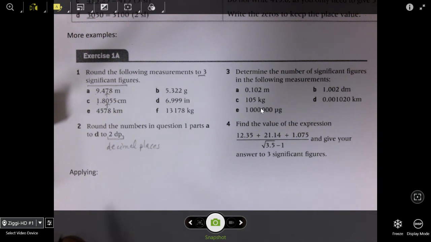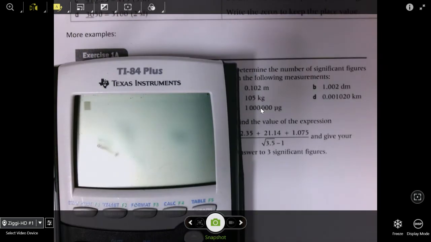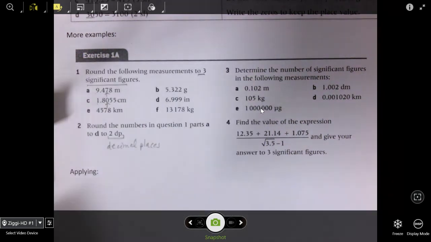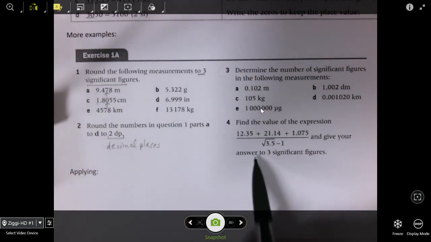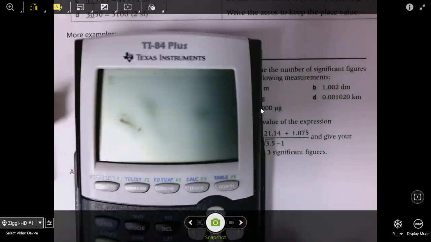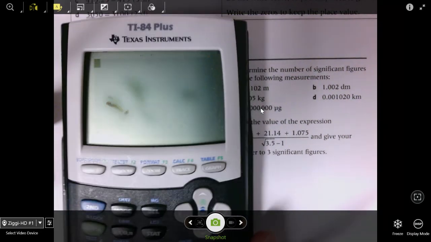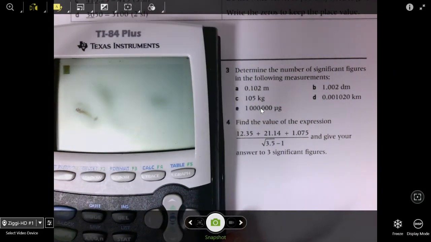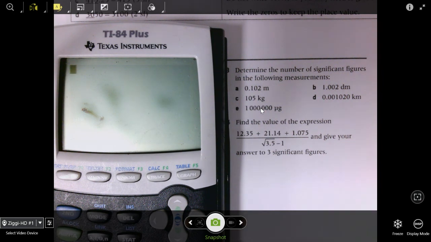It says, find the value of the given expression and enter your answer to 3 significant figures. You have the Wabbit calculator or you have your own calculator, but you need to know how to enter this the right way. So your calculator doesn't know, for most of you, that that's a fraction. So you have to tell it, you got to enter it right.